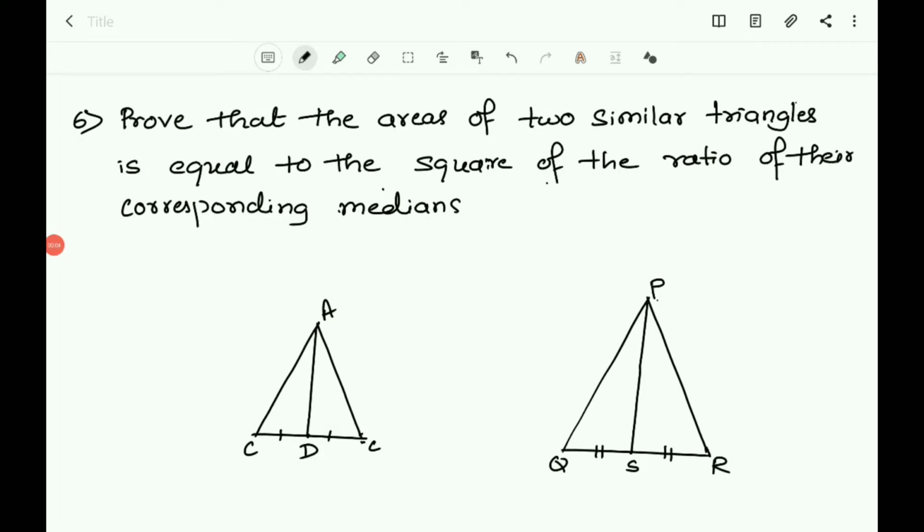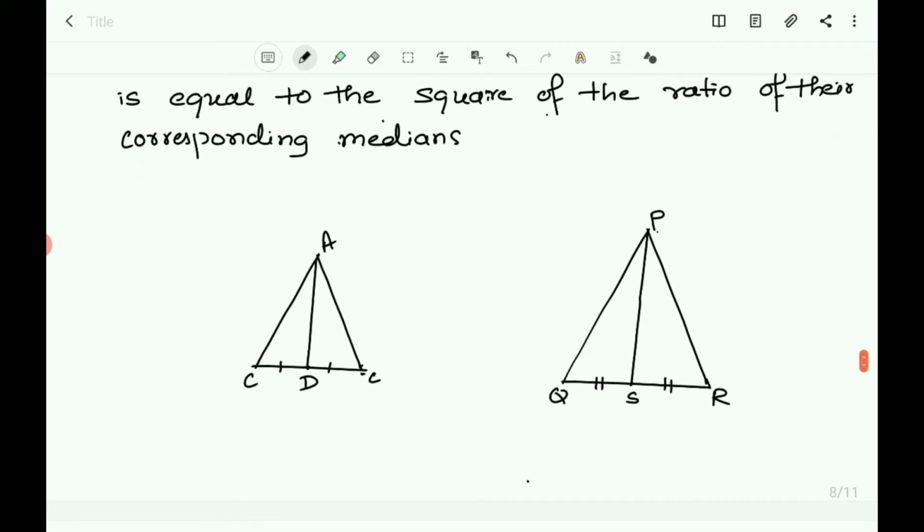Next, sixth question. Prove that the ratio of the areas of two similar triangles is equal to the square of the ratio of their corresponding medians. So let us have two similar triangles ABC and PQR, and let us have the median AD in triangle ABC and PS in triangle PQR.